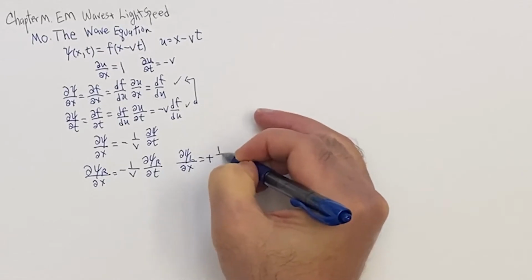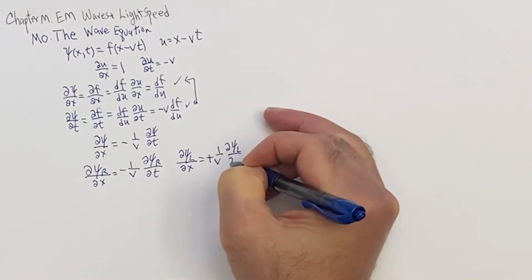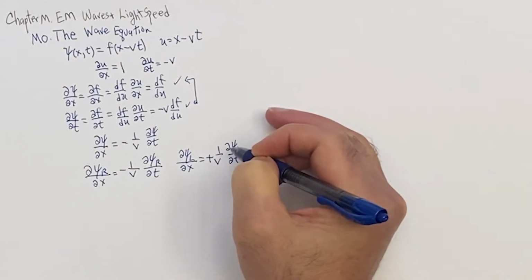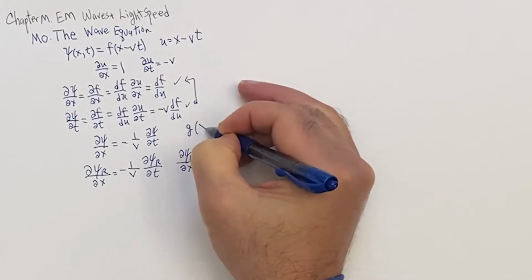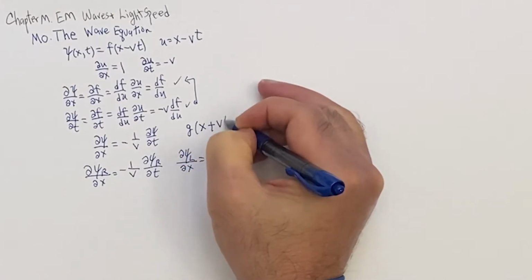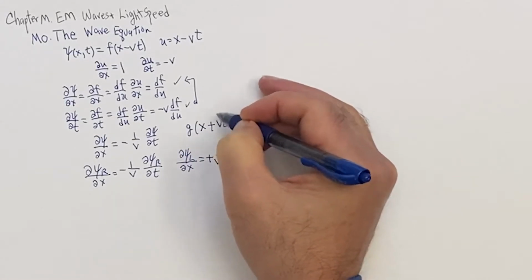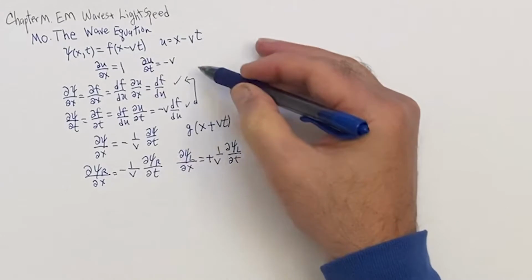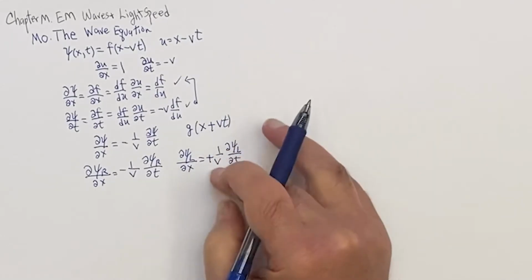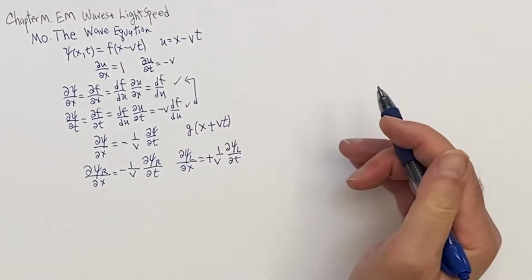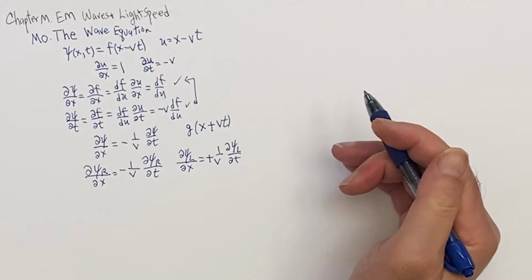I'll have a plus 1 over v. Now you can see that very easily by just switching the sign of the velocity. You might recall we looked at a g function, say x plus vt, as a wave moving to the left. So if you did this whole thing again with the v is plus, you would just be flipping the sign. So this is bad. Two differential equations, one for the wave traveling to the right, one traveling to the left, not good.